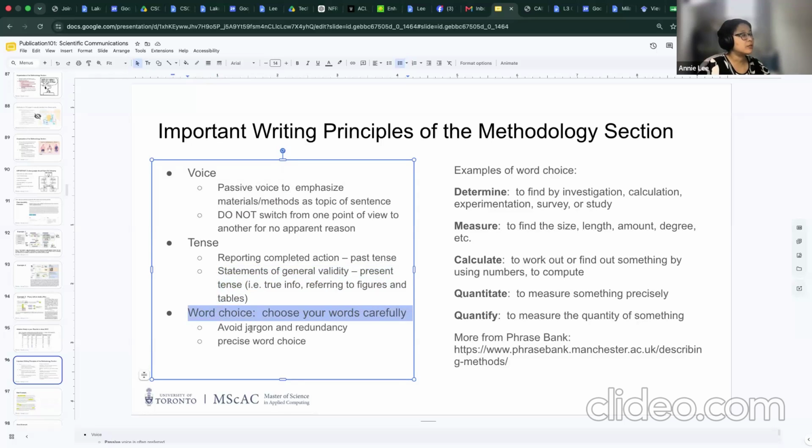In terms of word choice, avoid jargon and redundancy, and use precise word choices. You might notice I'm very picky on how people use words, which is why generative AI and ChatGPT drive me crazy, because the way it picks words is not very precise. It's based on a distribution of whatever came up the most.